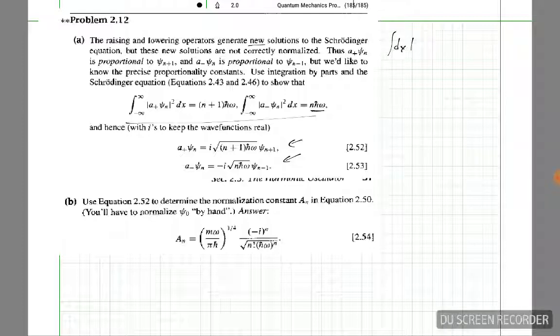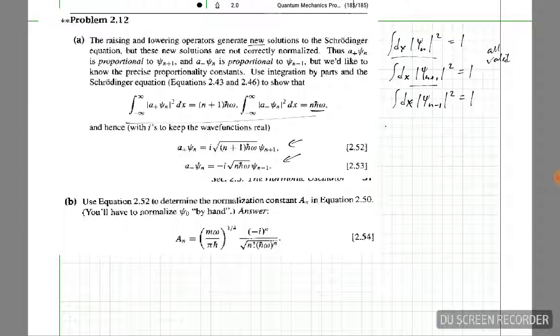So, if psi n is a solution, it is normalizable. So is the next energy state up. That is also normalizable. Or the next energy state down, with the exception of n equal to 0, which we showed in the last problem. So these are all valid. But if we normalize this, this is not normalized. Each one has to be normalized.